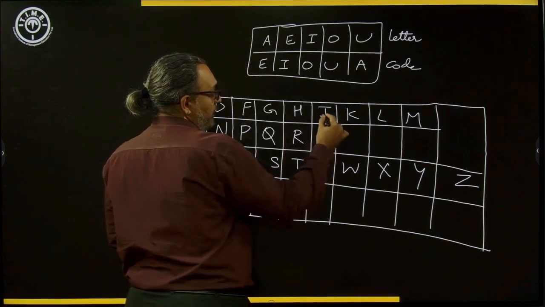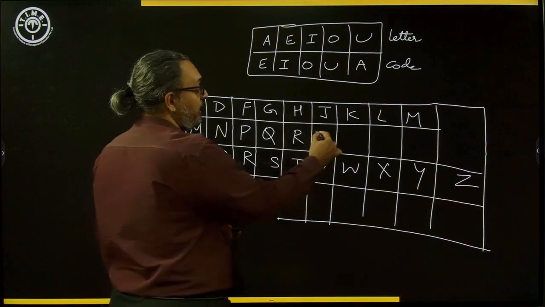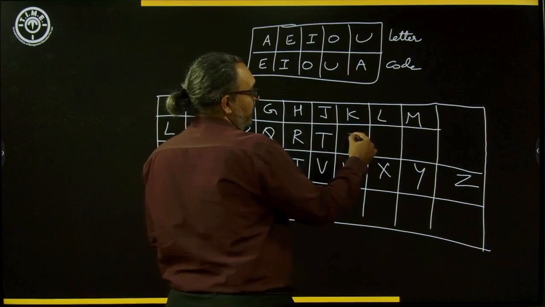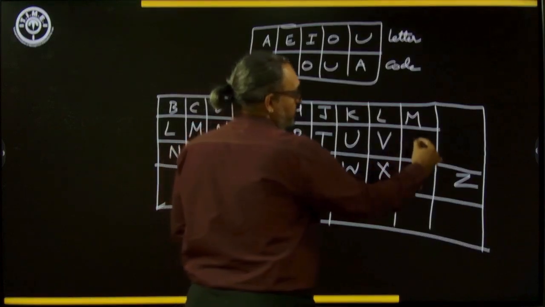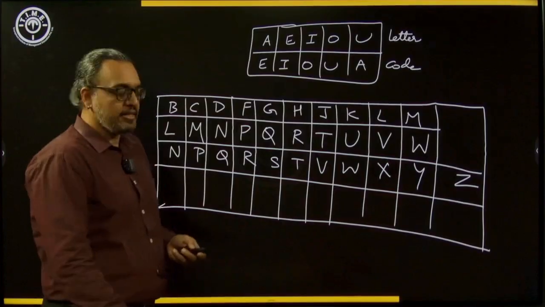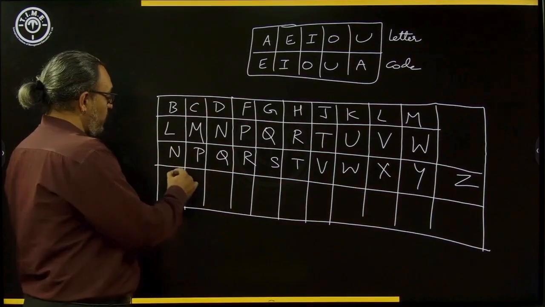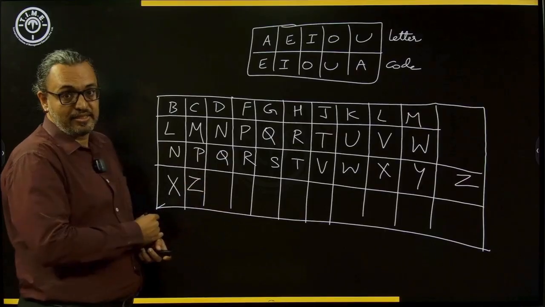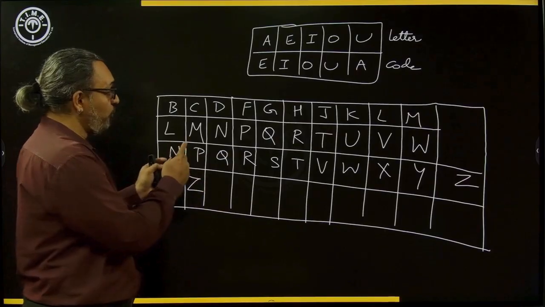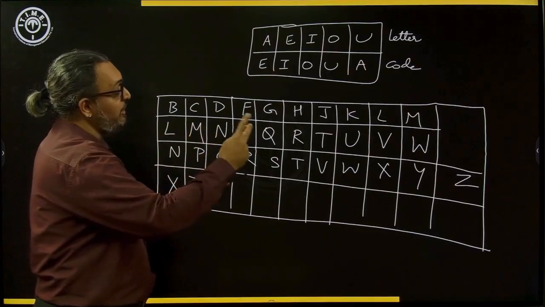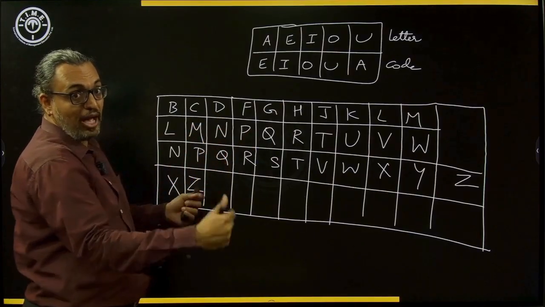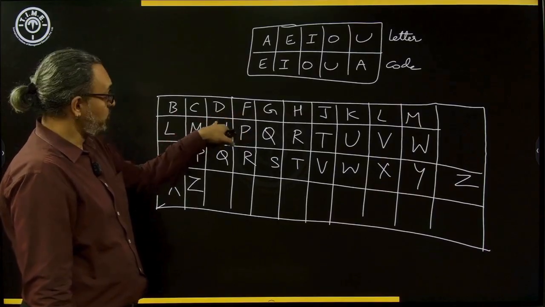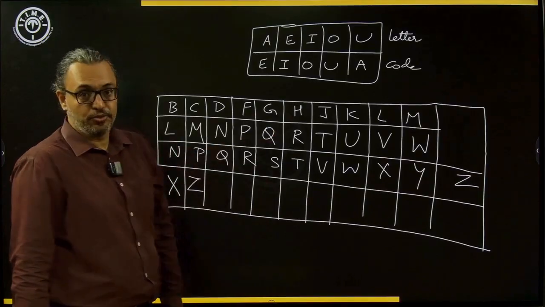Then 20. Okay? Then 21, 22, 23. Correct? Then 14 plus 10, 24. 16 plus 10, 26. So you need to be careful where there is a skip, where in between you have a vowel. See, between D and F, E is missed. So here we need to be careful. Otherwise, it is consecutive.